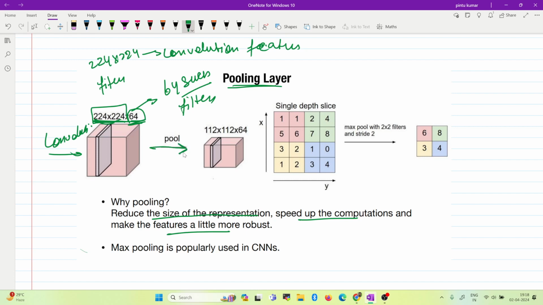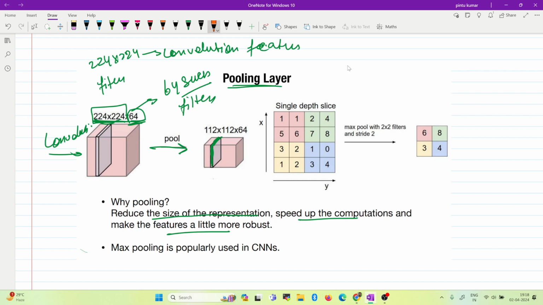Pooling is done layer wise. So you will do pooling for one layer, and then for the second layer, and the pooling in the first layer is not dependent on the second layer, pooling in the third layer is not dependent on the fourth layer, and so on.